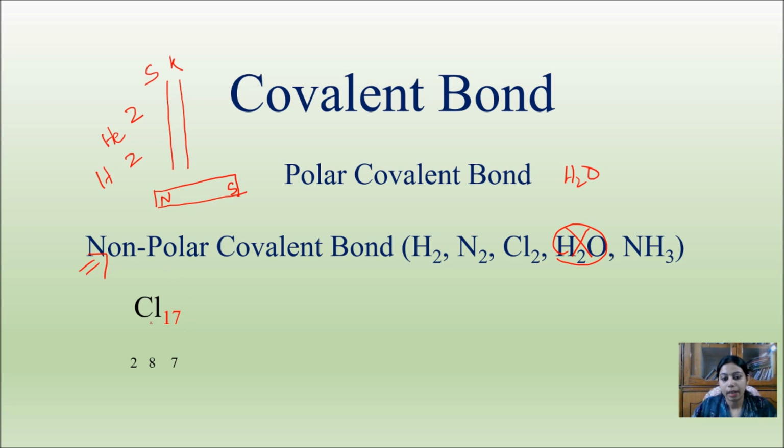So how can it be saturated? How can the octet be completed? If we only take the outermost electrons, you can see here 7 electrons are there.